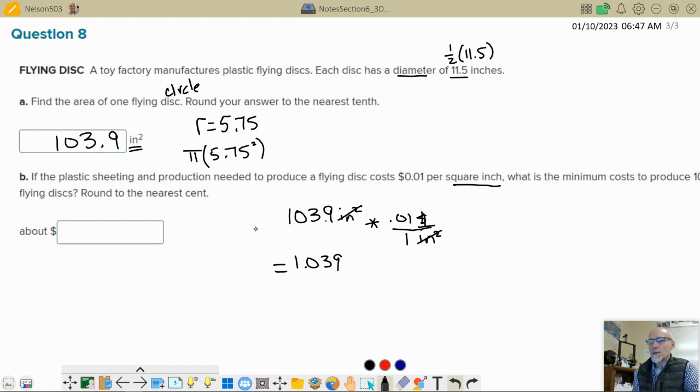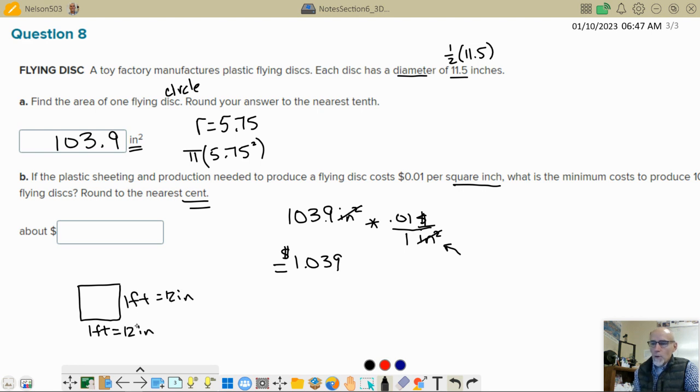So 1.039, if we round to the nearest cent, is $1.04. The part that was tricky yesterday is that this unit down here wasn't in square inches. It was square feet. So if we need to convert square inches to square feet, here's what I was trying to say yesterday. By the way, the answer is $1.04. If you had a square foot, 1 foot by 1 foot, that's equal to 12 inches by 12 inches.